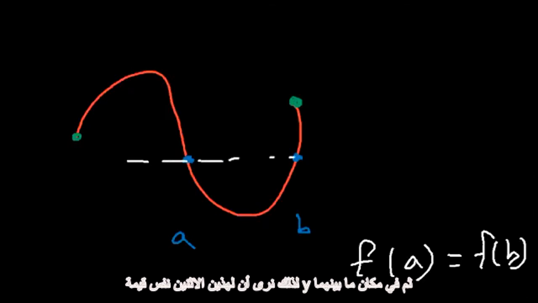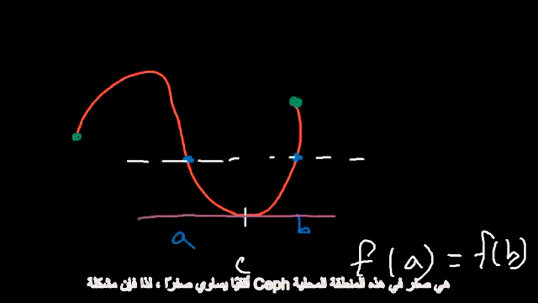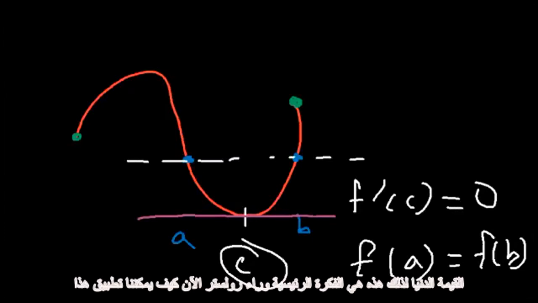We can see these two have the same y value. Then somewhere in between those two points, there's some number c where the slope of the tangent line is horizontal. It's equal to 0. So f prime of c is 0 at this local minimum value. That's the main idea behind Rolle's theorem.